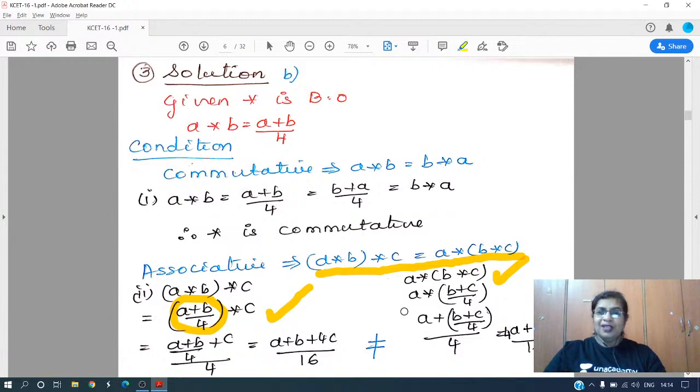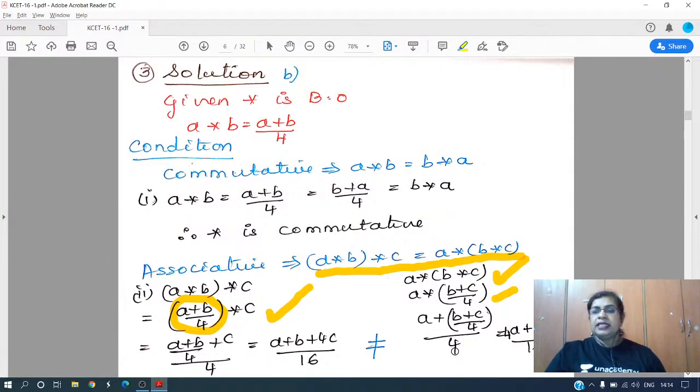Now this is in which form? This is of the form again A star B. So what is A star B telling me? Write the first number A, plus write the second number (B plus C) by 4, whole, and you have to divide by 4.